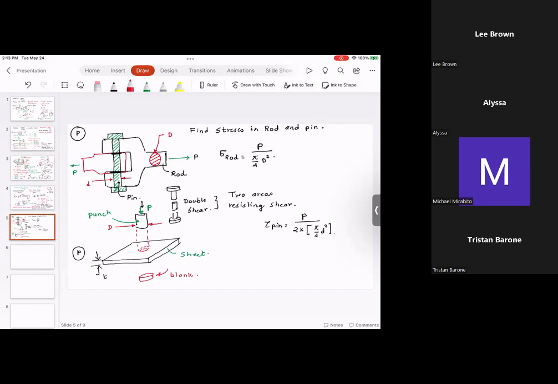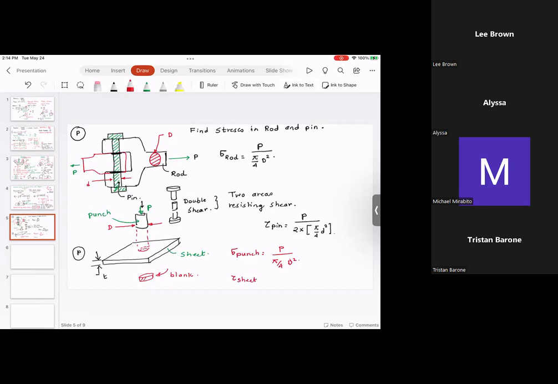So if I want to find out the stresses in the punch, sigma punch is equal to P divided by pi by 4 d square, and tau blank or tau sheet.